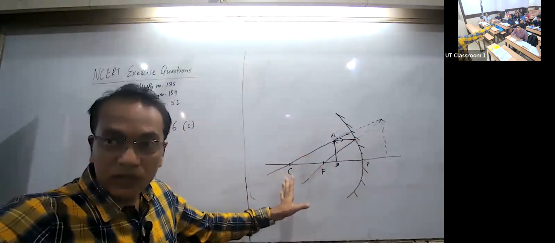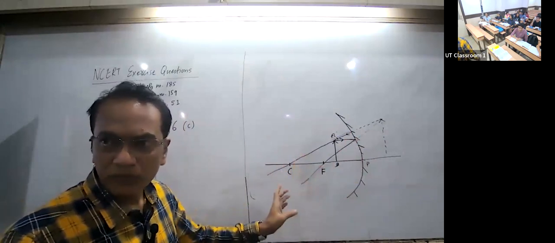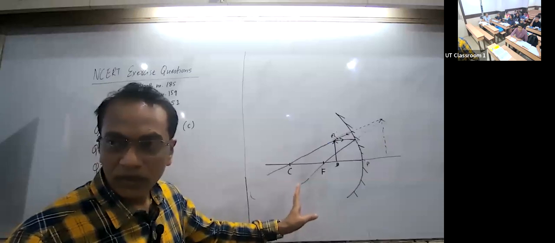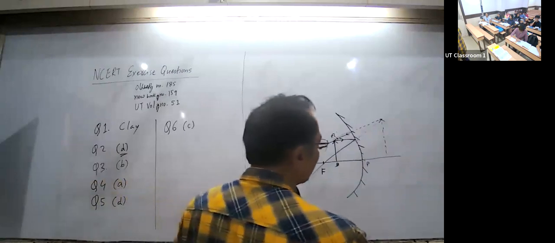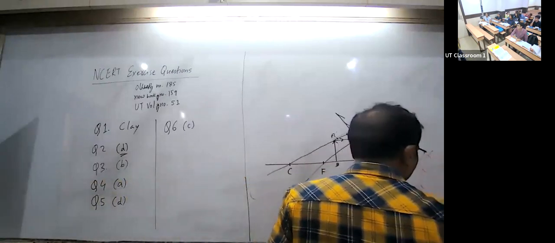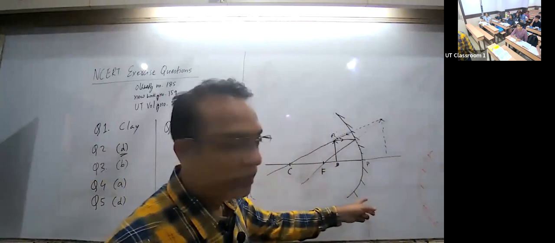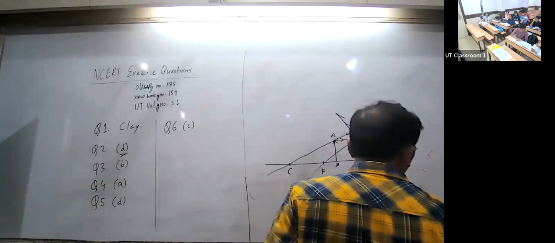Now the mirror is convex. Tell me the object positions. So this is the concave mirror, right? Convex mirror. This is concave mirror, right? So for convex mirror, what are the object positions?